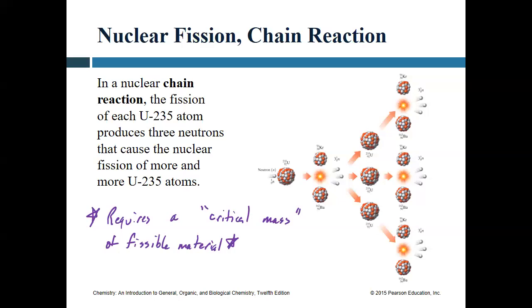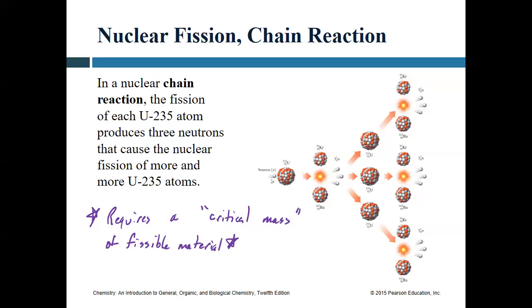And so if you want to know the difference between what happens in a nuclear power plant when it's running appropriately and what happens in an atomic bomb, that is the difference. In the nuclear power plant, there should not be a critical mass of uranium inside of the reactor.